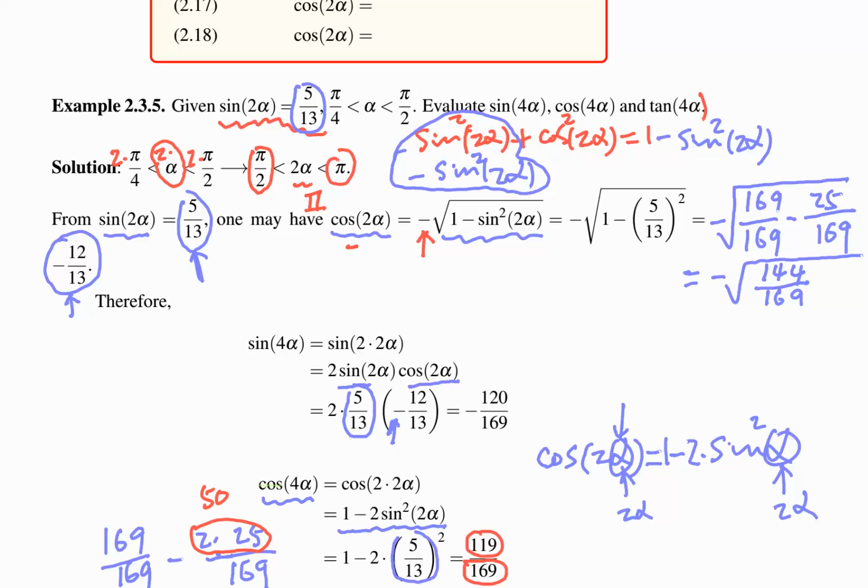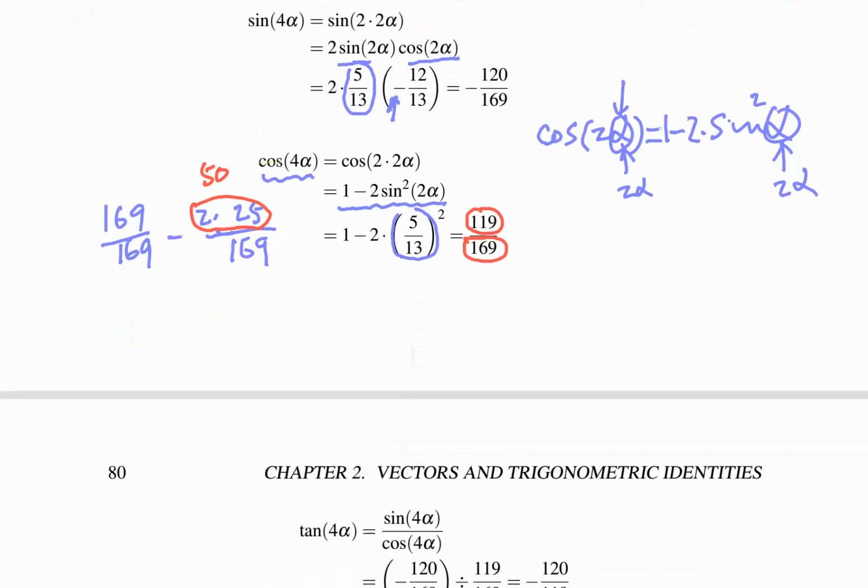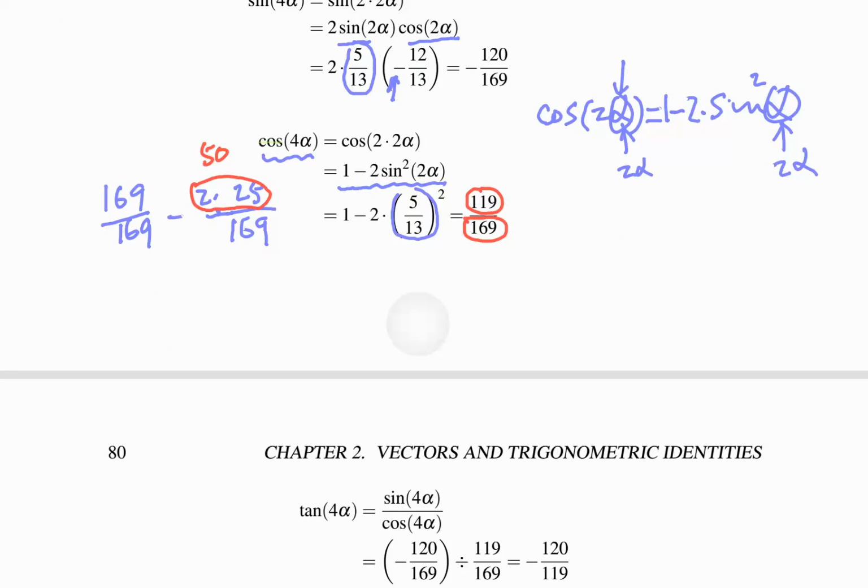Okay. Now, let's see the last one. The last one is the ratio. We know tangent 4 alpha is sine 4 alpha over cosine 4 alpha.